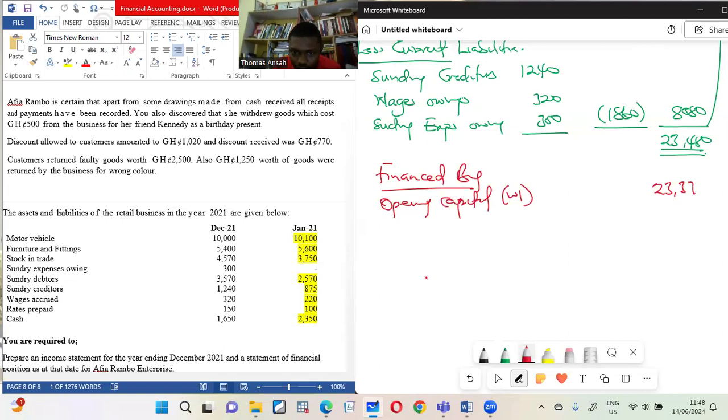Then we will less our drawings. The drawings, don't forget, we had 2,000 in our cash book plus the 500 they did in inventory. So we'll be lessing 2,500. So let's wait small. When the figures appear, then we add it up.